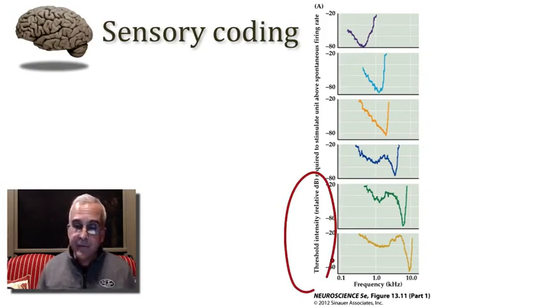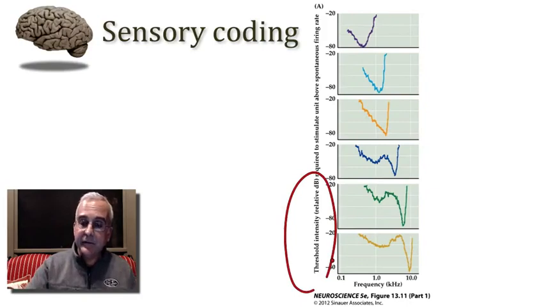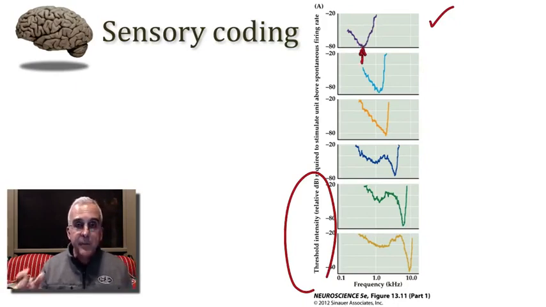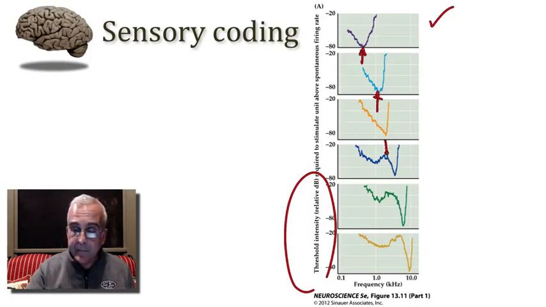And what we find, for example, in this axon that is plotted here in purple above, is that the threshold is lowest at a particular frequency, meaning it takes less amplitude of modulation to elicit action potential firing in that axon. Well, a different axon is going to have a different best frequency, and so on.